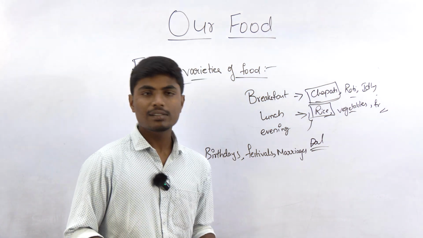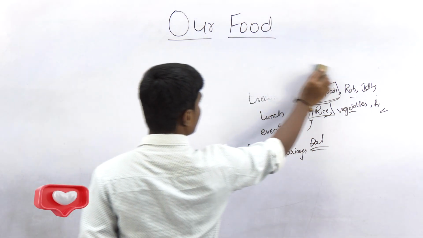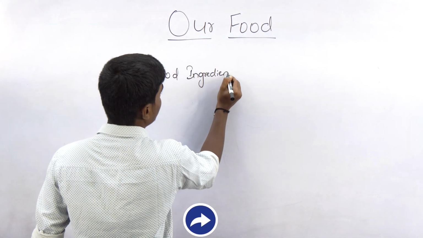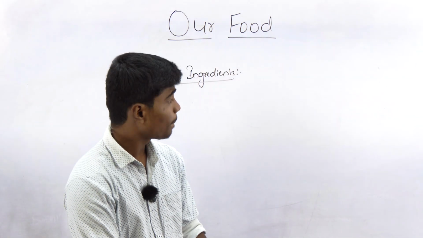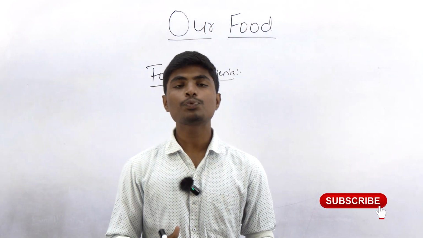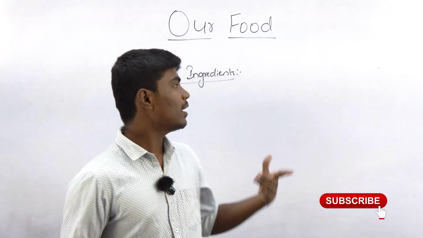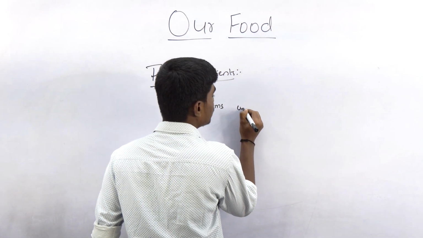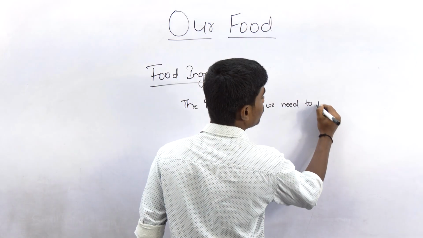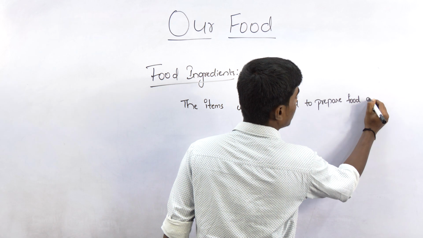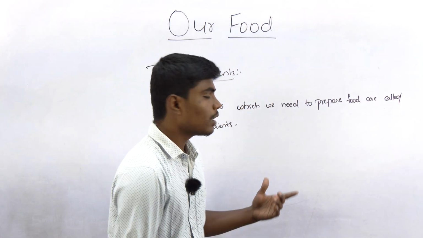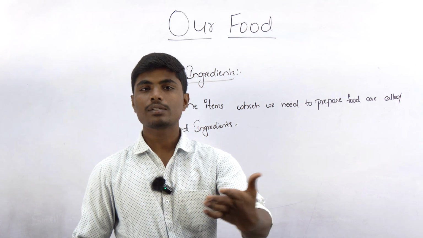So, let's discuss what food ingredients are. The items which we need to make food are called ingredients. The items which we need to prepare food are called food ingredients. As I told you, my favorite dish is biryani.